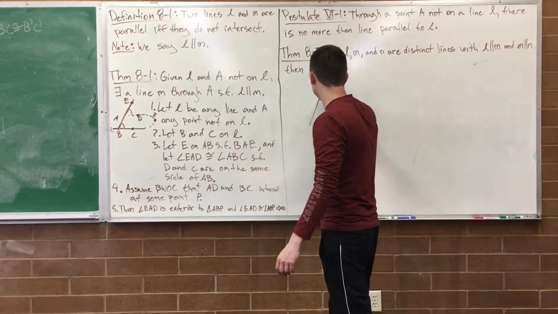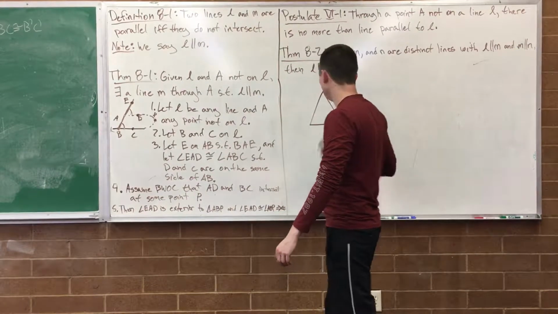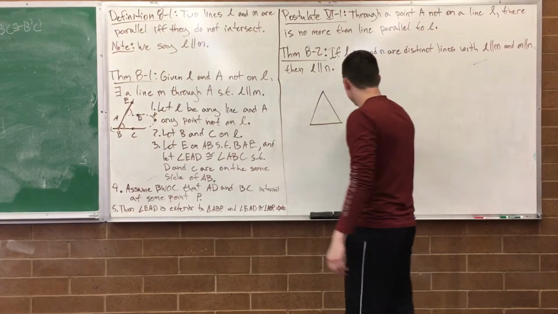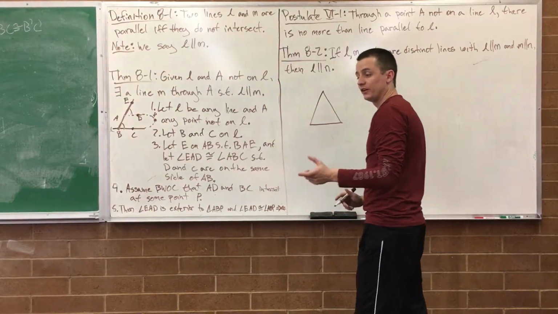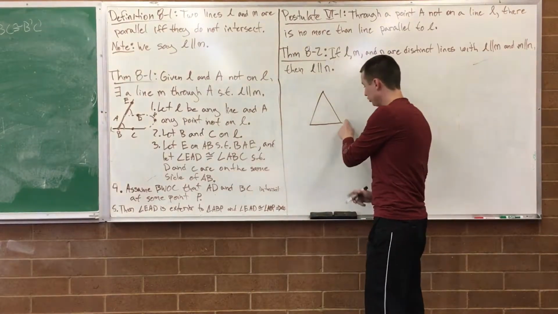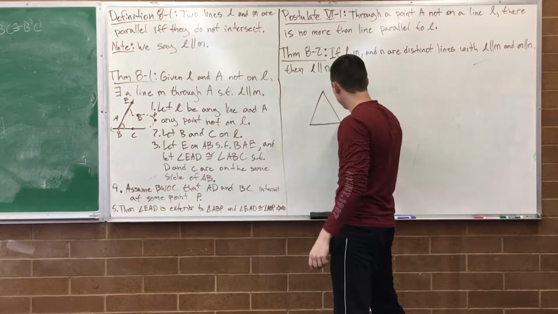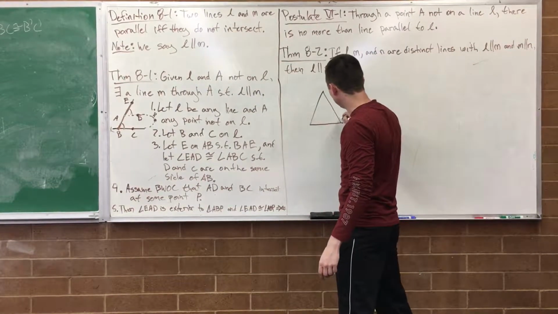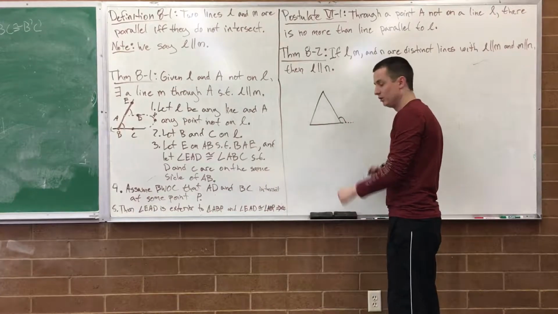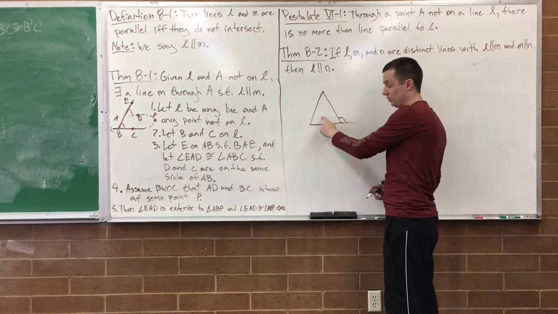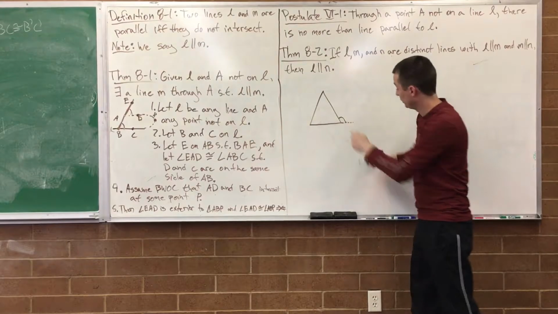So last time, one of the proofs we did is that if we have a triangle, first off, an exterior angle to a triangle is one that is an adjacent supplement of one of its angles. So here is one possible exterior angle of this triangle. There's 6 possible ones.